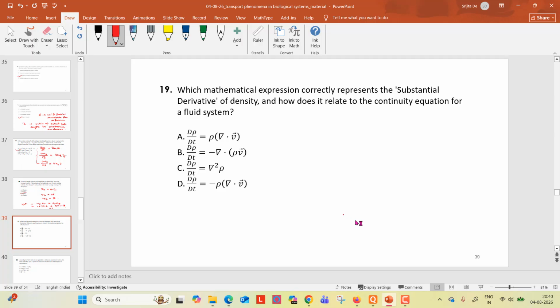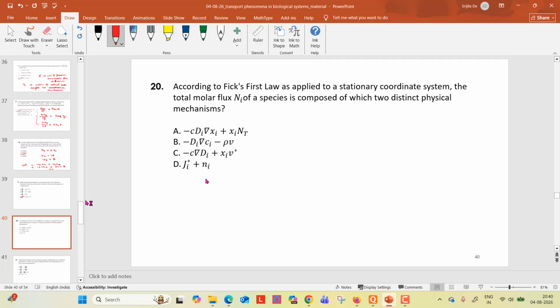The substantial derivative is equal to rho into divergence of V. Okay, it is option B. So you go through my previous questions or first derivative, then you can understand. I think by now you have already figured it out.